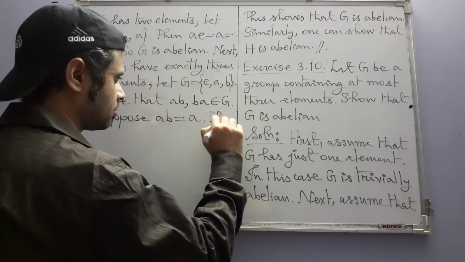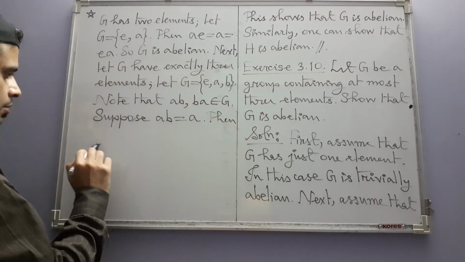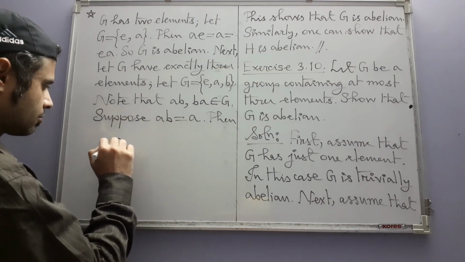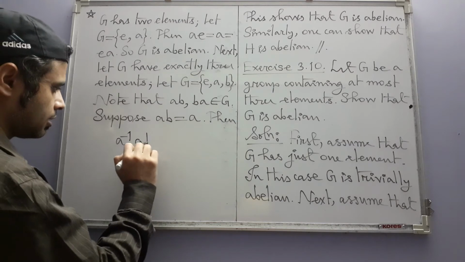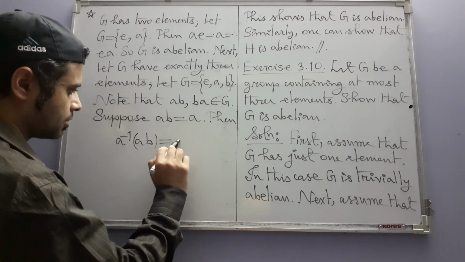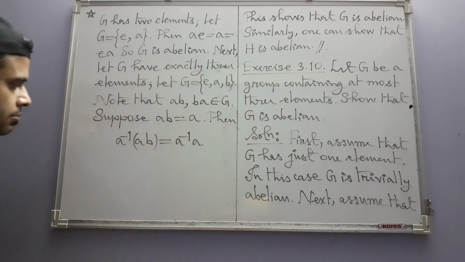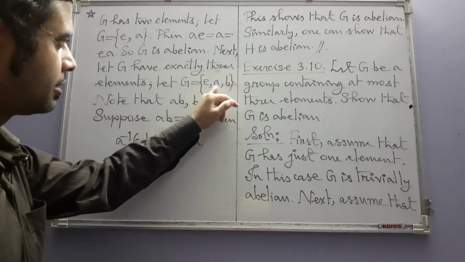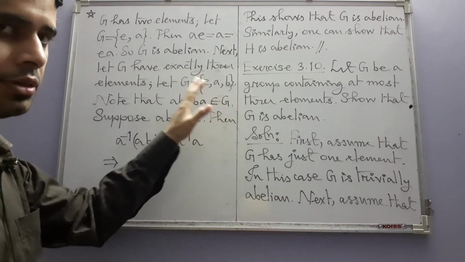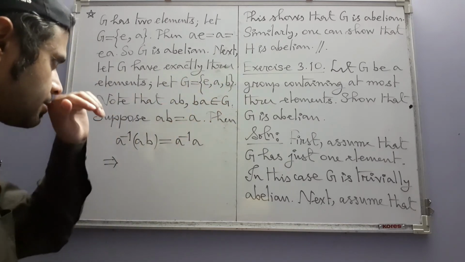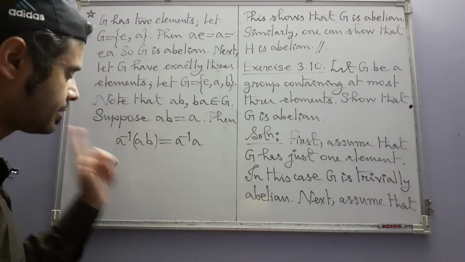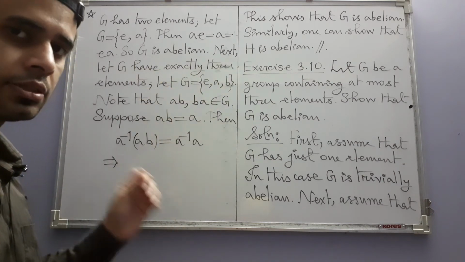Then A inverse AB is equal to A inverse A. See, A has an inverse which may either be A or B or E. Actually it will not be E, but just for the sake of argument, right now what we need is the fact that A has an inverse which is coming from G. It is there somewhere.